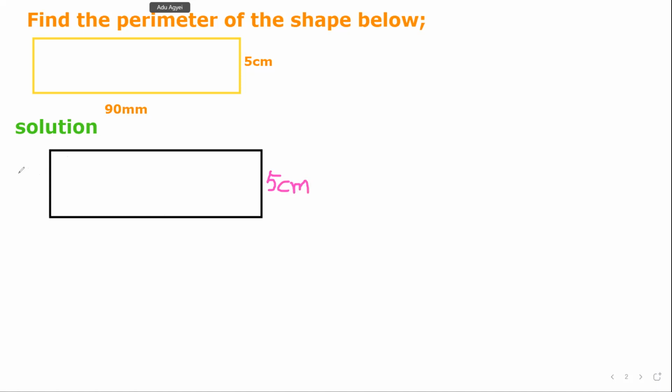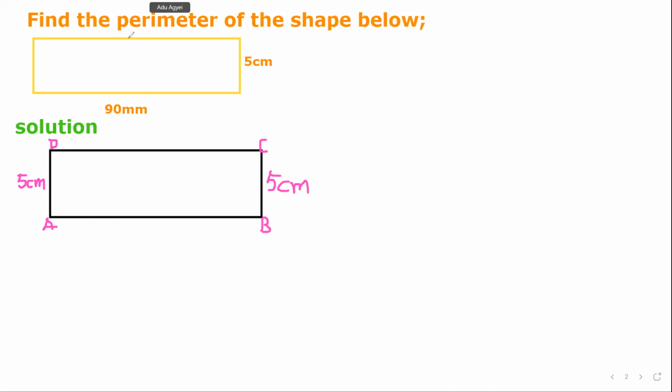So the opposite must also be 5 centimeters, because of the properties of a rectangle, the opposite sides are always equal. Then you label the joints A, B, C, and here is D, okay?